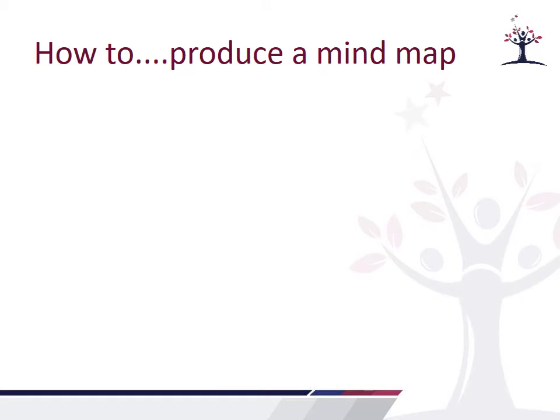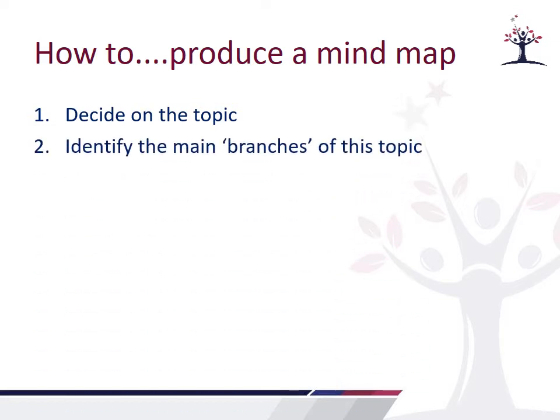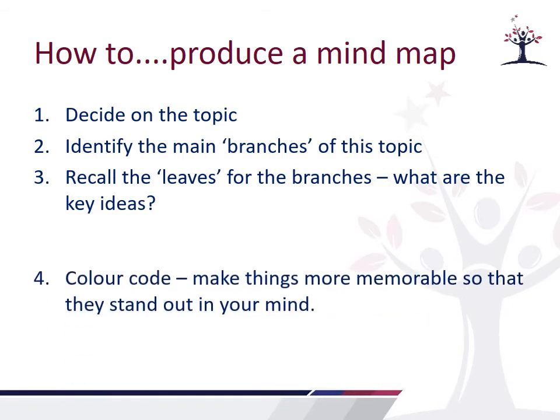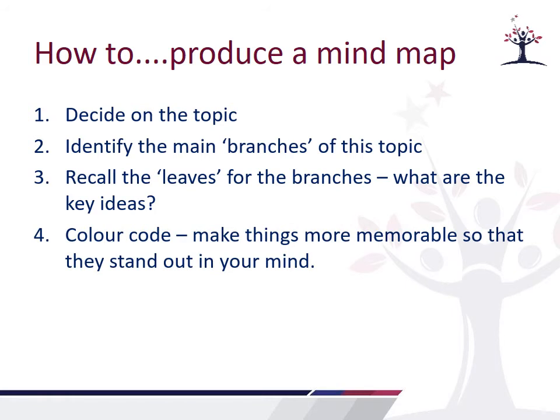So how do we produce our mind map? Well, first of all, we decide on our topic and our main theme, and then we identify what those branches are of the topic, so what comes out from our main theme. Recalling the leaves for the branches, what are those key ideas? And making sure that we use colour code so that it's more memorable and it stands out in our mind.